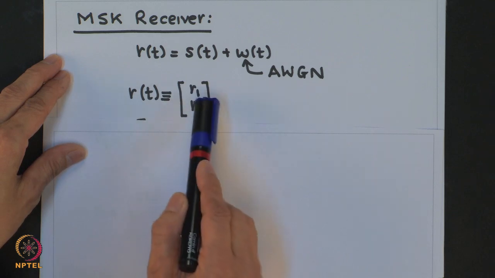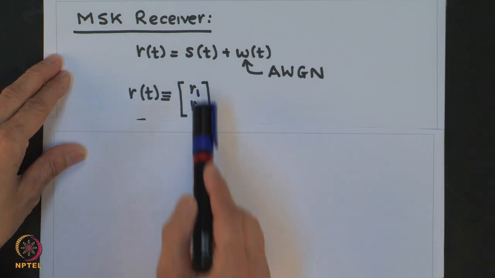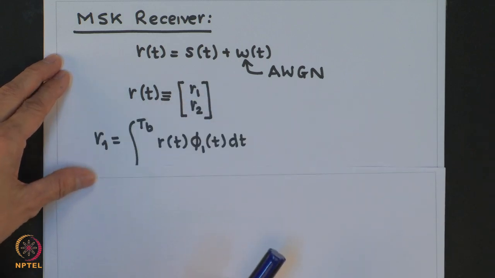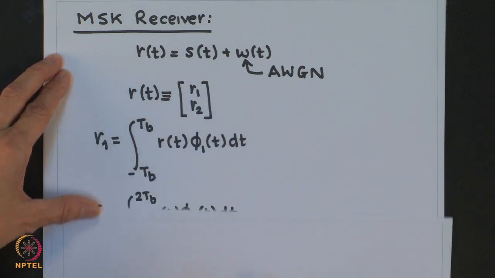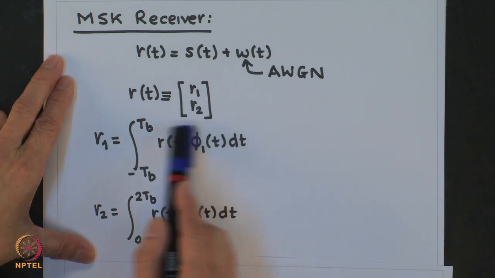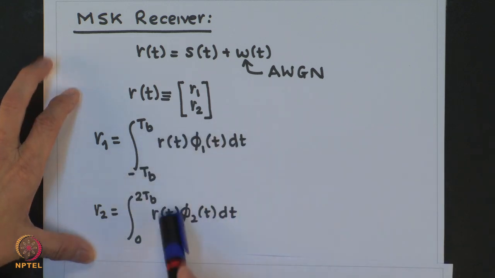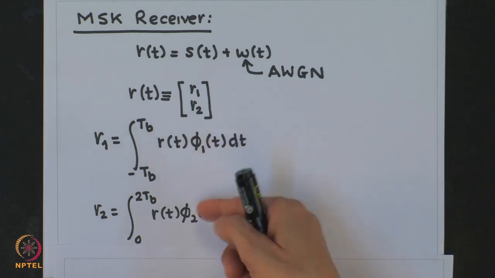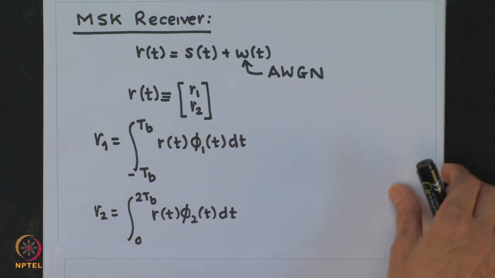It is a two dimensional signal space, so we get two components for R(t), R1 and R2, obtained as given by these two expressions. Given this, we can see that we can get the optimum MSK receiver as follows.